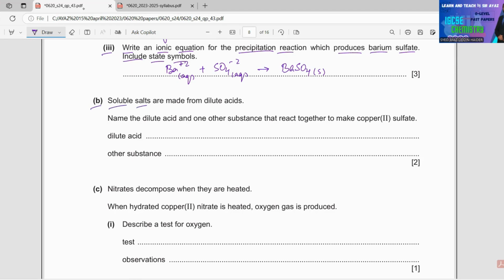B, soluble salts are made from dilute acids. Name the dilute acid and one other substance that react together to make copper 2 sulfate. So you need to make copper 2 sulfate, which means there must be sulfate ion. The sulfate ion is coming from sulfuric acid, so the acid must be sulfuric acid.